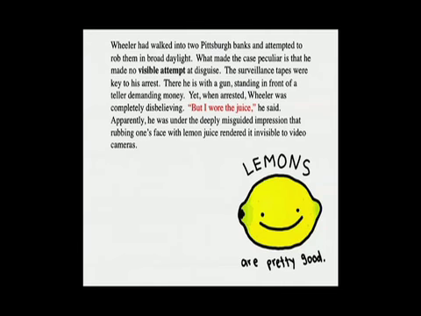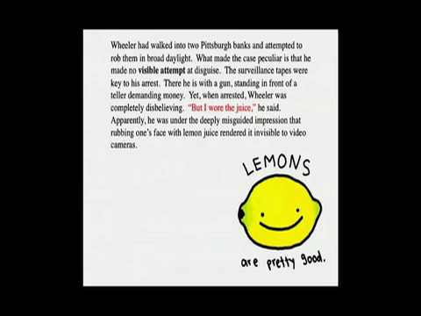When he was caught, he was actually in disbelief that he had been caught. His explanation was, "I wore the juice." He was under the deeply misguided impression that rubbing one's face with lemon juice rendered it invisible to video cameras. Someone had told him this, and you might think, as a child, if you write in lemon juice, it becomes invisible.